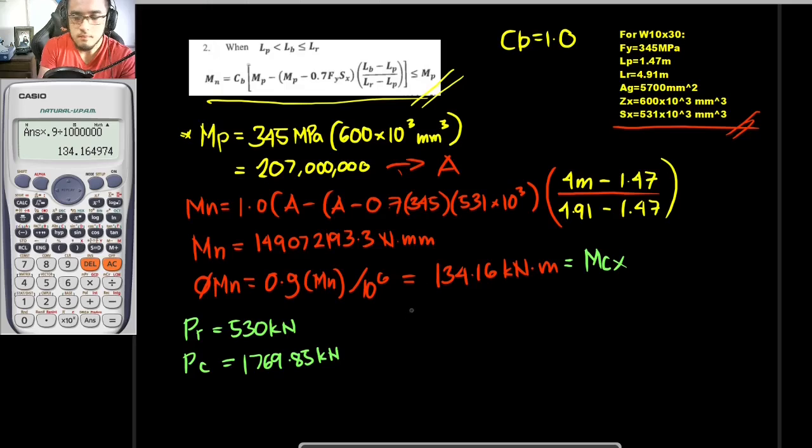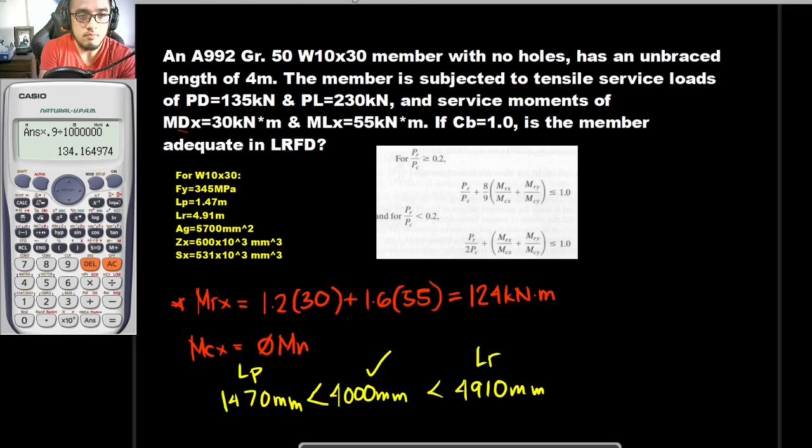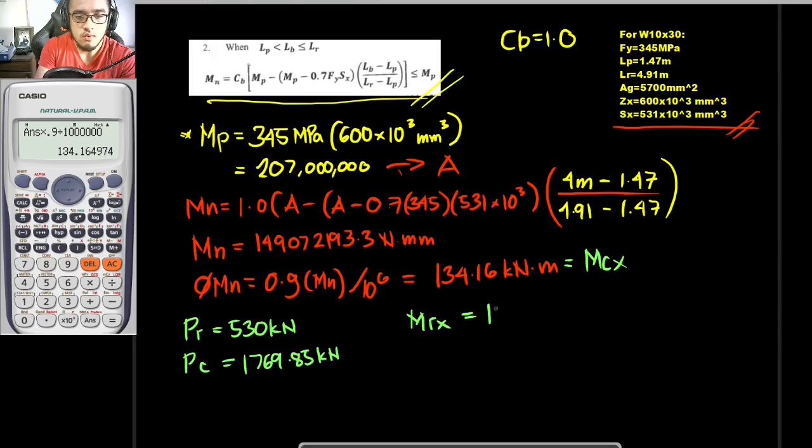Our Mrx is 124 kilonewton meters, and our Mcx would be this 134.16 kilonewton meters.